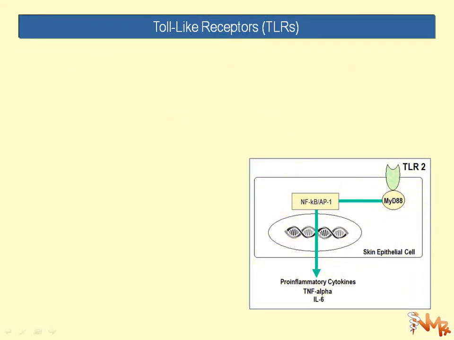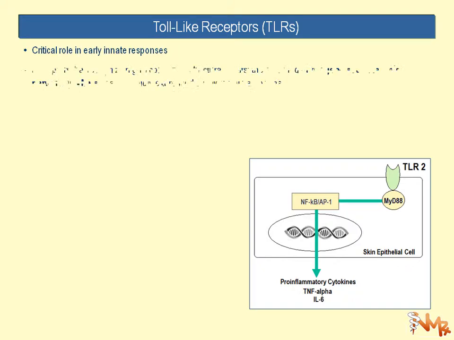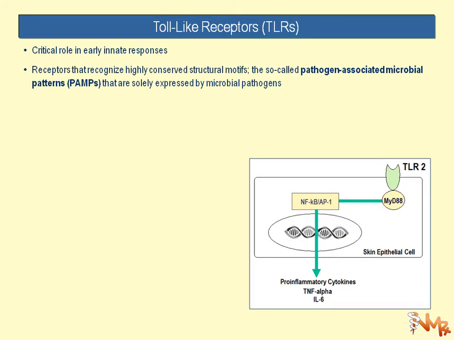So let's talk a little bit more specifically about toll-like receptors. Toll-like receptors play a critical role in early innate responses. Receptors recognize only highly conserved structural motifs. As we said earlier, these are pathogen-associated microbial patterns, PAMPs, that are solely expressed by microbial pathogens.